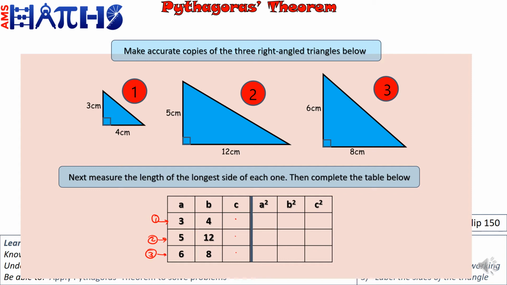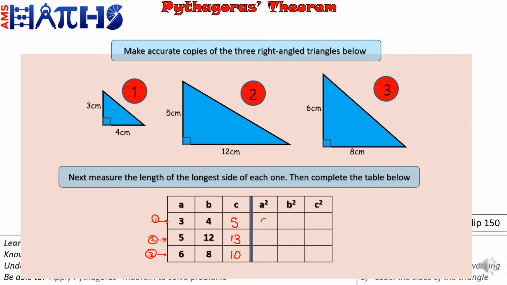Okay, when you have measured, you should have gotten 5 on triangle 1 for the longest side, and then 13 on the number 2 triangle, and 10 on number 3 triangle. So those are the lengths of the longest side for each triangle. And then I asked you to square A, B, and C and complete the table.